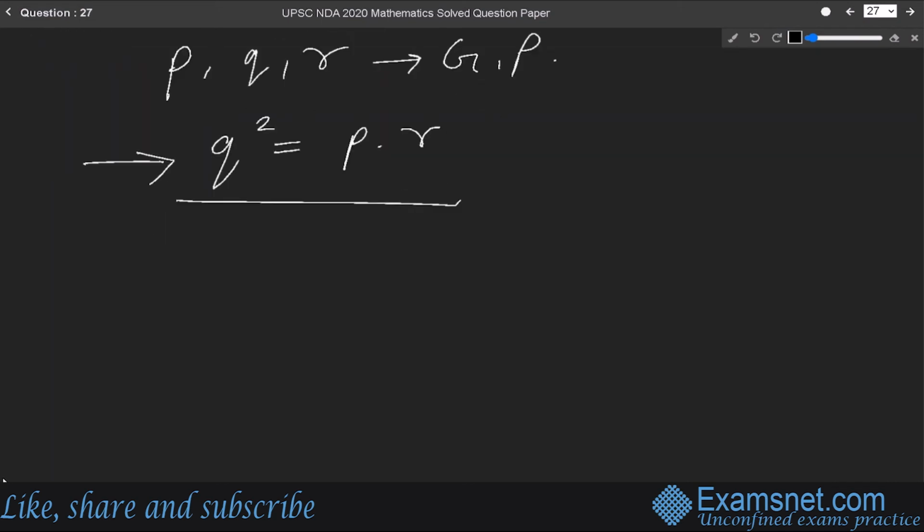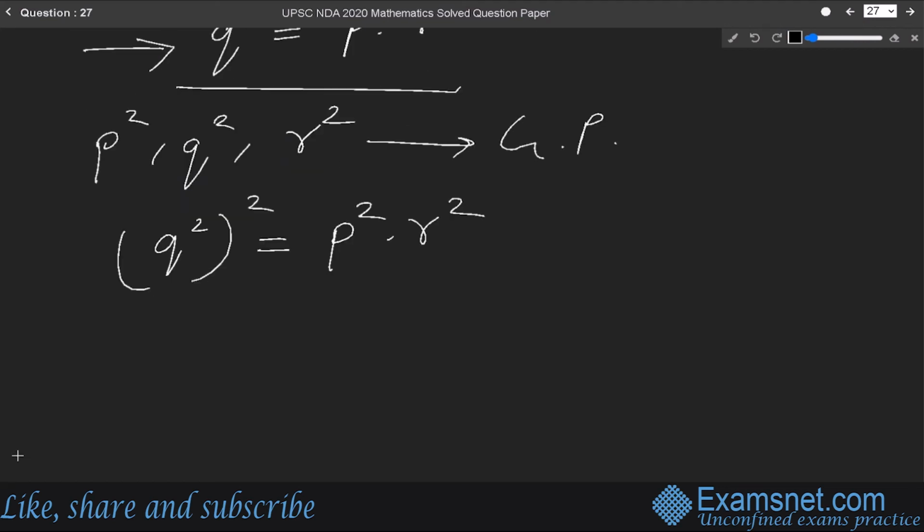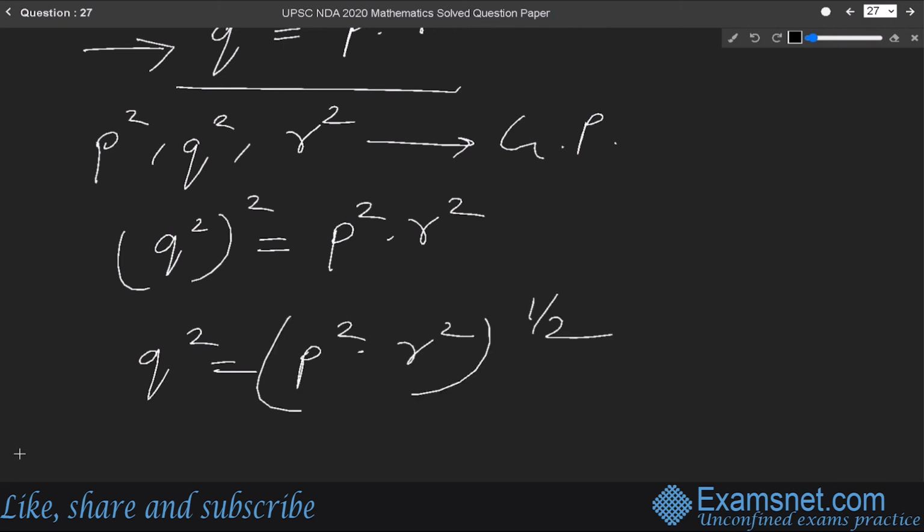Now in the question it is given that P square, Q square and R square are in GP. Since they are in GP, it means that Q square whole square is equals to P square into R square by the common concept. Further solving it, Q square is equals to P square into R square whole power 1 by 2.